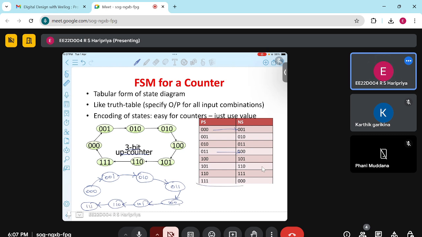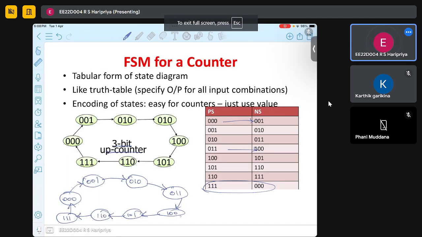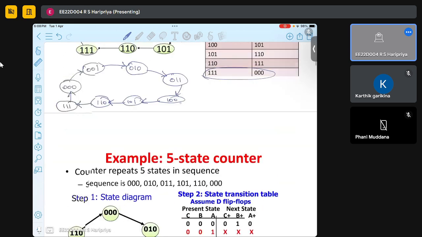And from 7, back to 0. And this is the FSM for the counter.